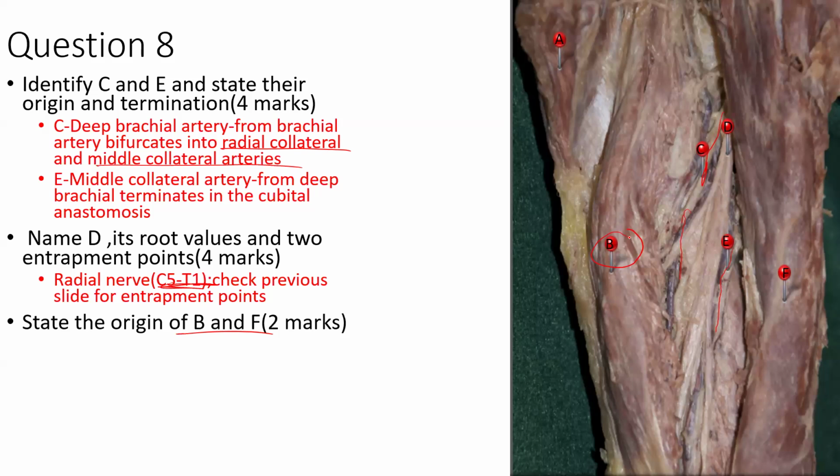Lateral head of triceps. And what is F? Long head. Okay, so where do they come from? Where does the lateral head come from? Above the spiral groove. So the oblique ridge above the spiral groove. What about F?